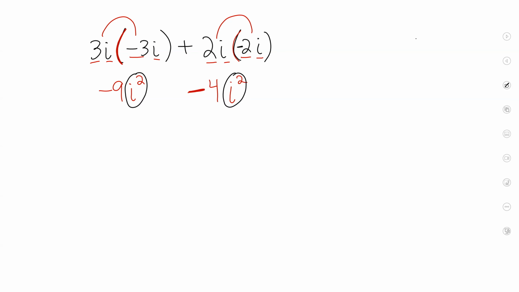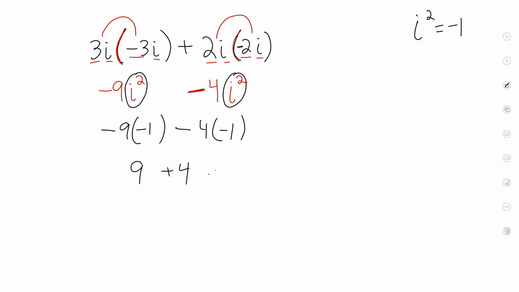I need to write that over off to the side. i squared is negative 1. So negative 9 times negative 1 minus 4 times negative 1. Negative 9 times negative 1 is a positive 9. Negative 4 times a negative 1 is a positive 4. So your answer is 13.